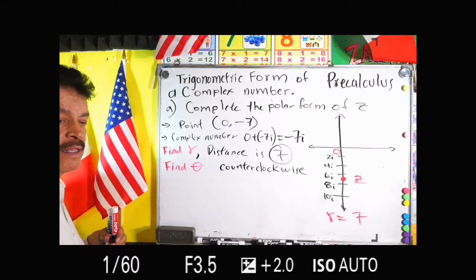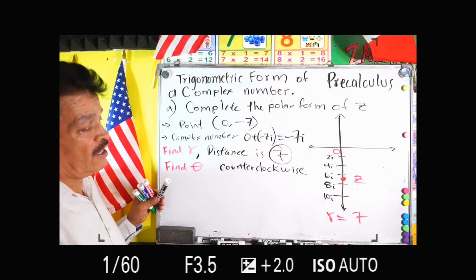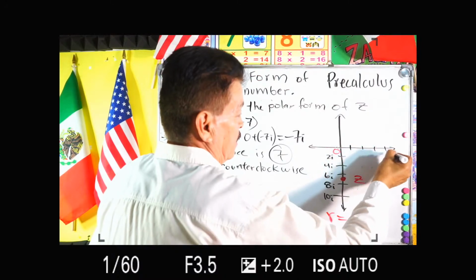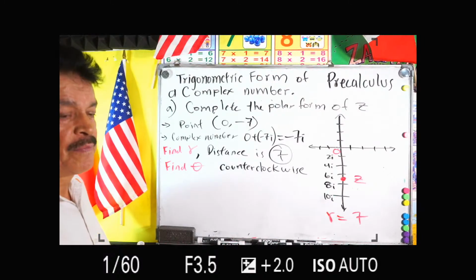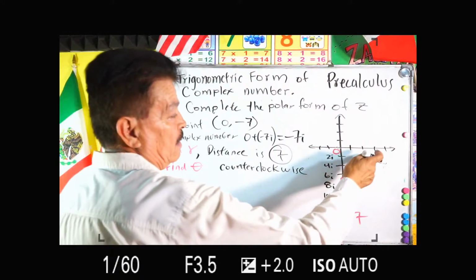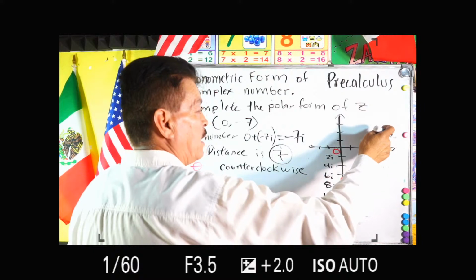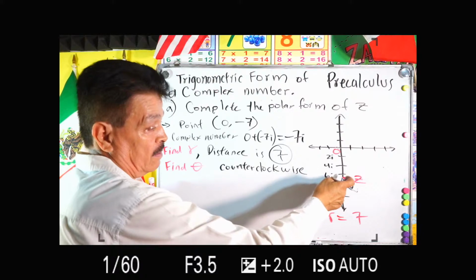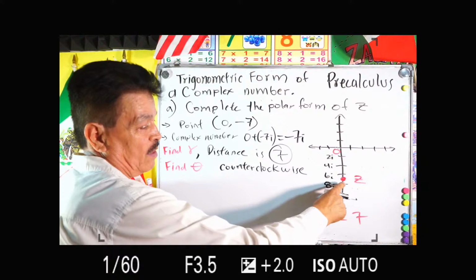We have to make the whole round, starting from the positive real axis, and then from the origin we have to move all around to the segment of the point with which we are talking, the point a plus bi right here.